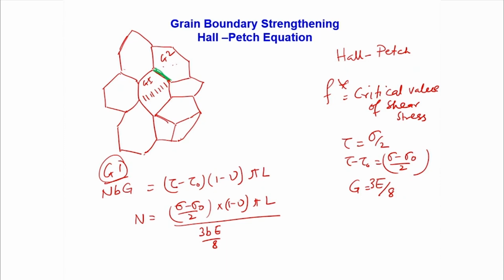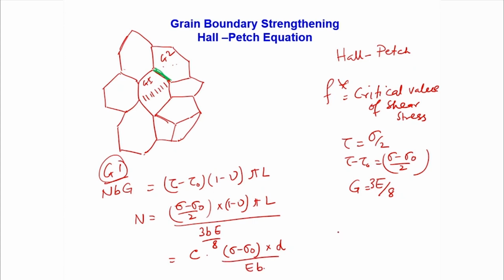Very easily you can write this as equal to C, a constant, multiplied by sigma minus sigma 0 into D, I will come back to what that is, multiplied by E into b. What is D?